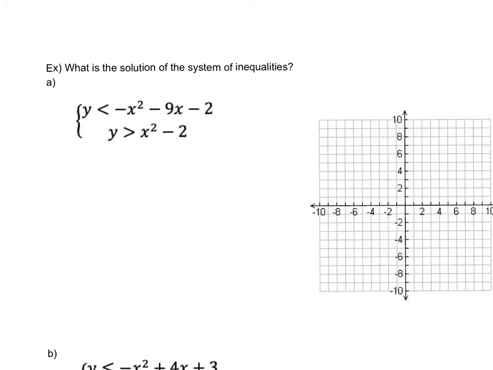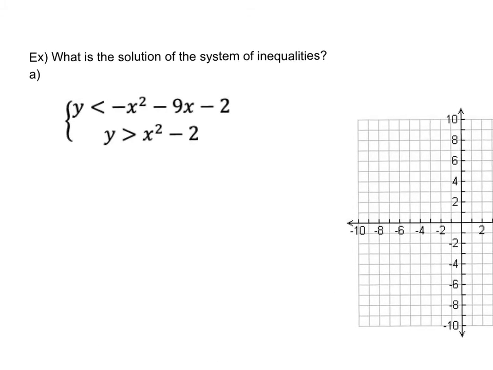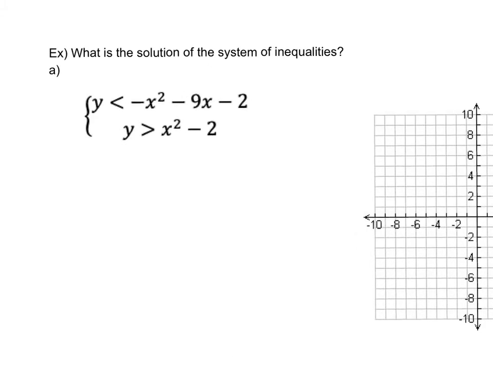So let's first graph the top one. It's going to be a sad face graph. Let's find the vertex, so negative b over 2a. Oh, one more thing, let's change this 9 to a negative 6. So instead of negative 9, it's a negative 6. So we're going to have negative 6 over 2 times negative 1. Excuse me, negative 6.